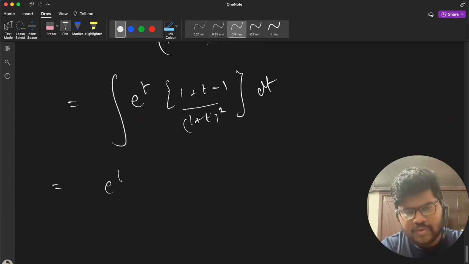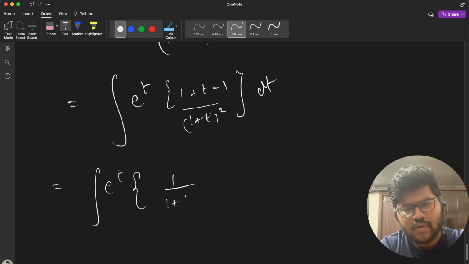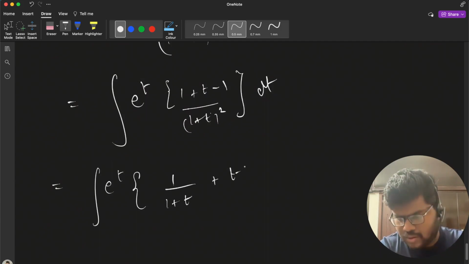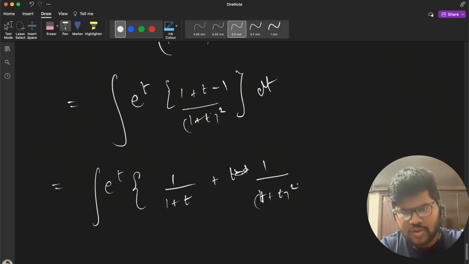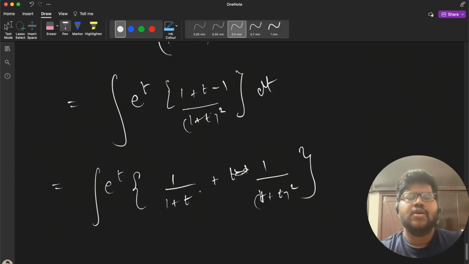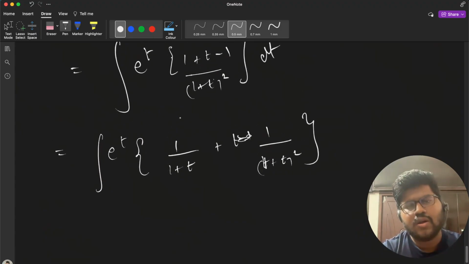So now this becomes e power t times [1 upon (1 plus t) plus (t minus 1) upon (1 plus t) whole square]. If I simplify using partial fractions, I get the same result.